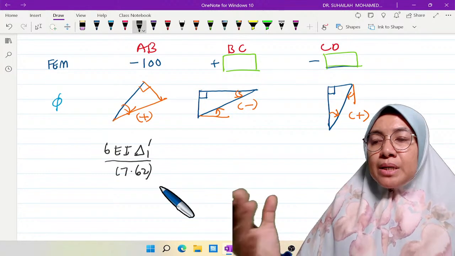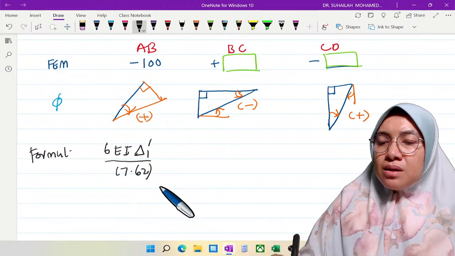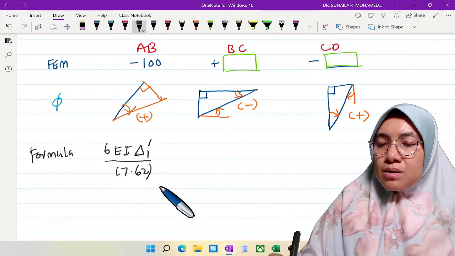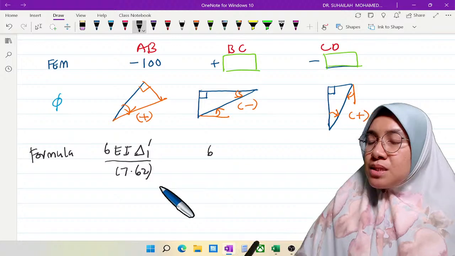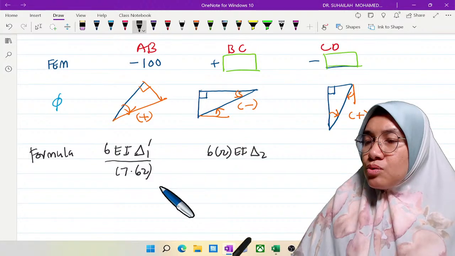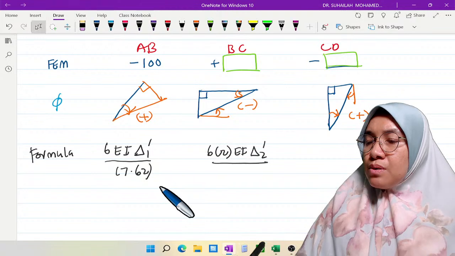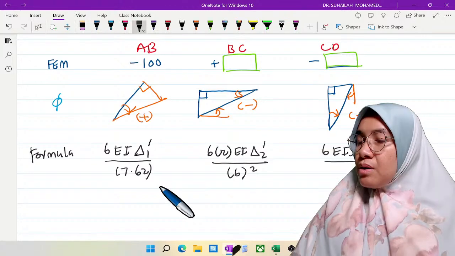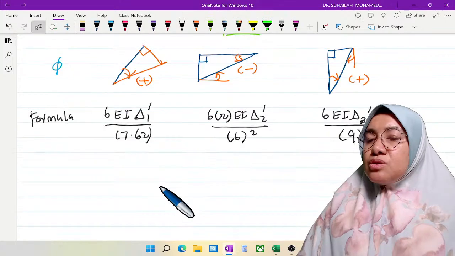Formula number 2 is 6 times 2EI delta 2 prime over 6 squared. And then for CD, 6EI delta 3 prime over 9 squared. So we have to solve these. So what do we get?